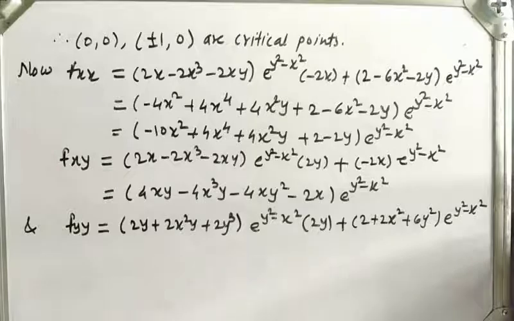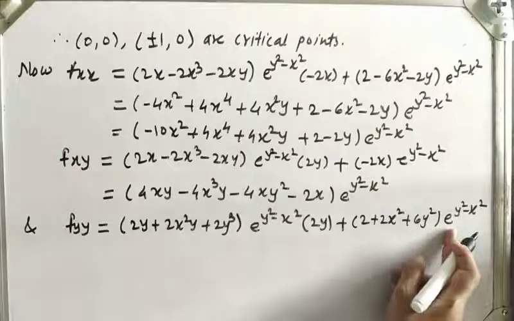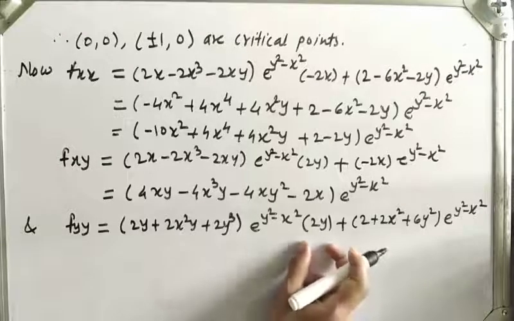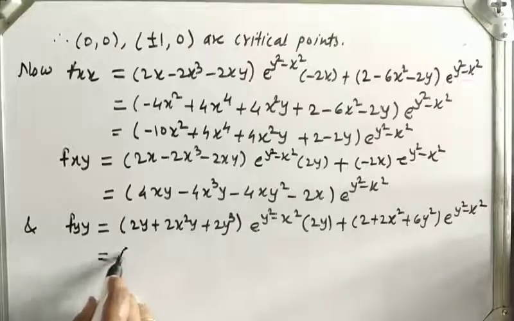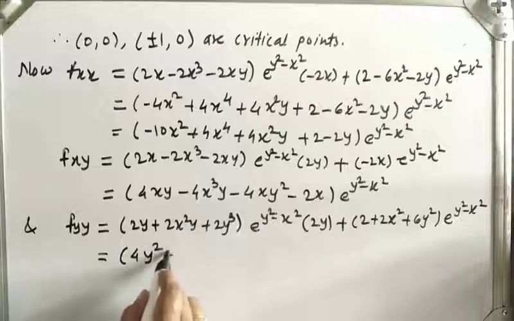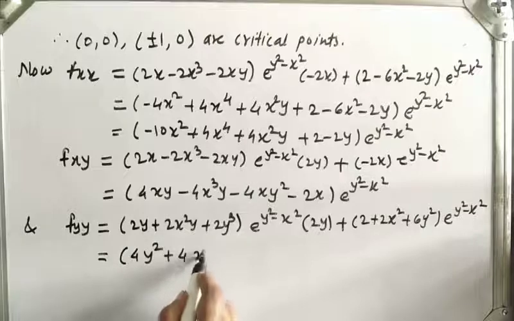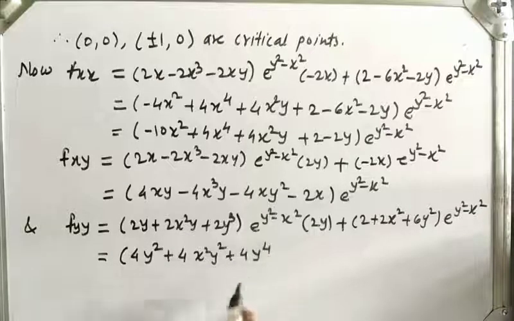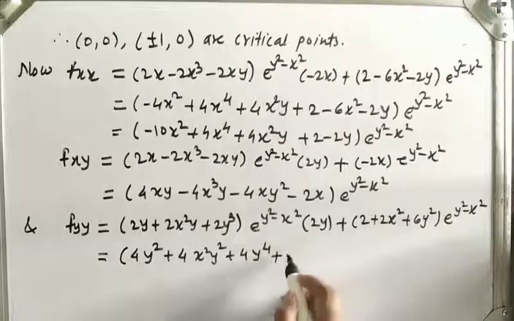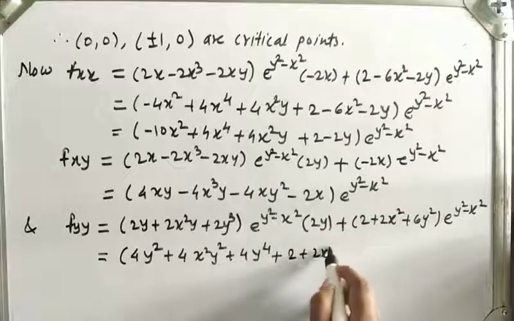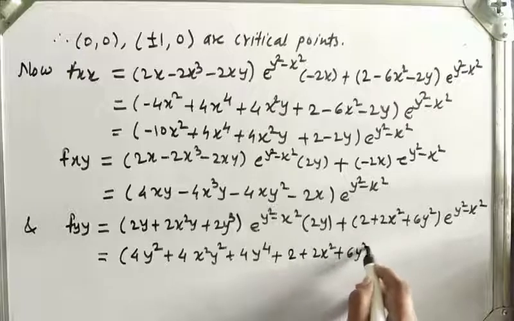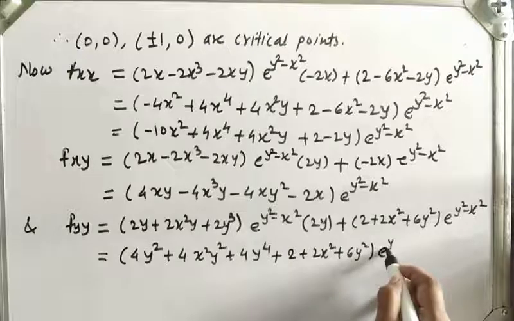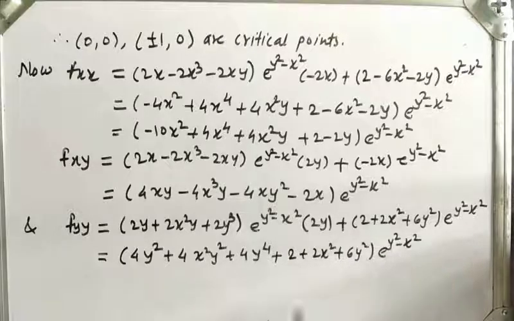Again simplify it. We can take e^(y² − x²) common. Here multiply by 2y to this bracket. We get 4y² + 4x²y² + 4y⁴, plus this bracket 2 + 2x² + 6y², into e^(y² − x²).